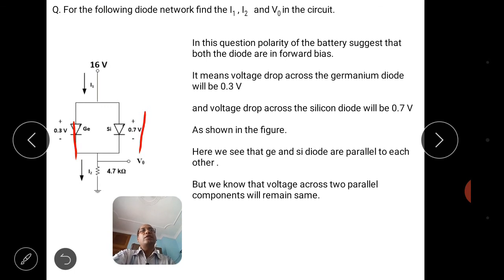Here we see that germanium and silicon diodes are parallel to each other, but we know that voltage across two parallel components will remain the same. Two parallel components cannot have two different voltages across them.